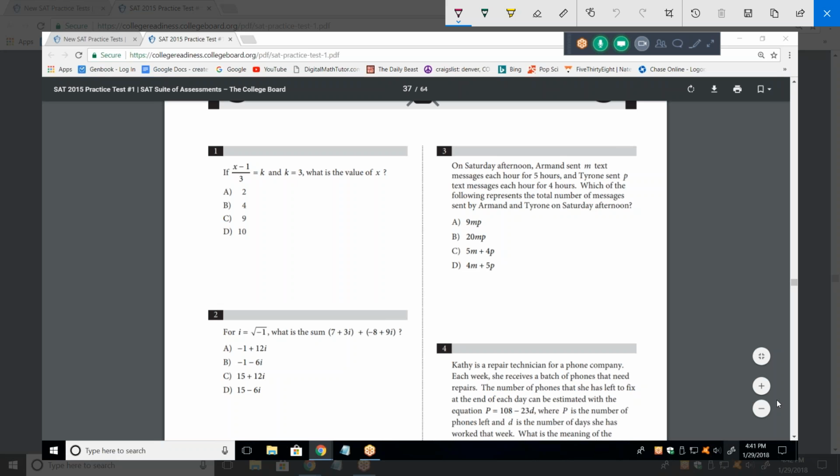So the very first thing you really have to figure out is, what are the easy problems? What are the medium problems? What are the hard problems? And by that I mean, when you go through the test the first time, you're going to do the easy problems.